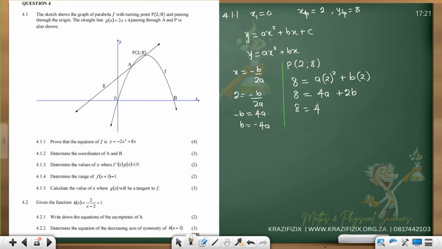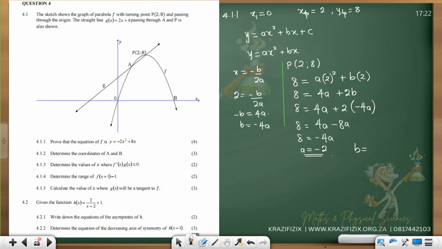But hold on. Don't I know what b is? b is negative 4a. Oh, lovely. 4a minus 8a. Minus 4a. Divide both sides by negative 4. Oh, lovely. a is negative 2. I'll show you another method, but I want you to see the application.